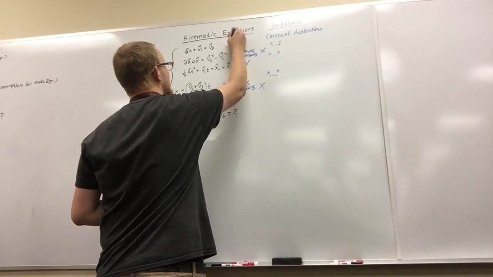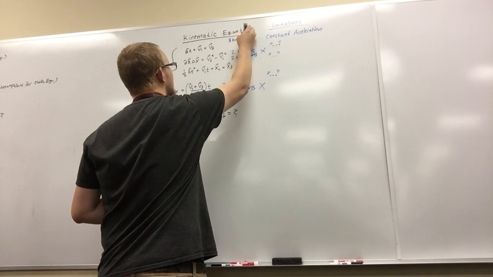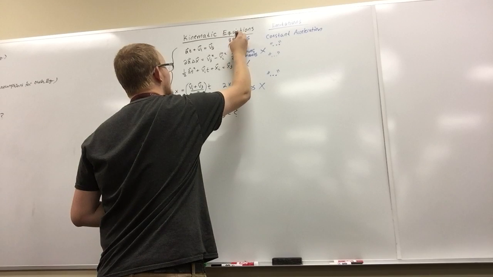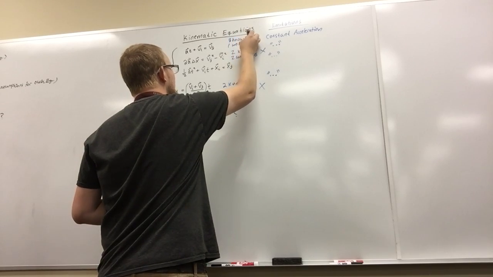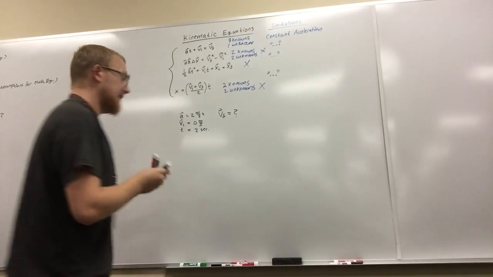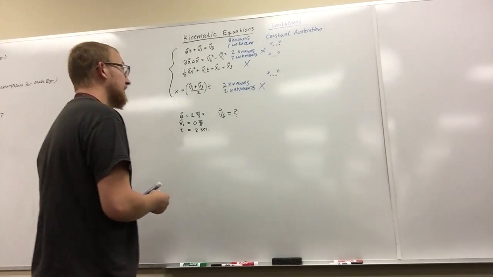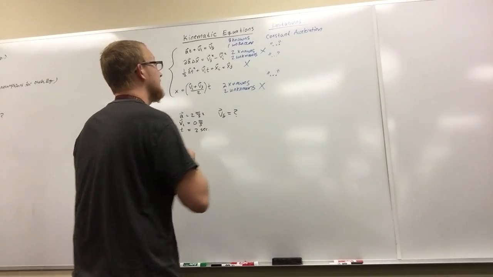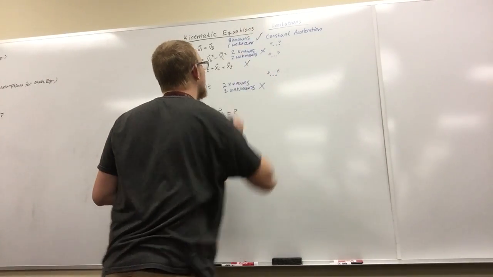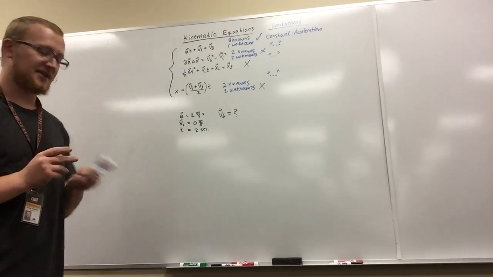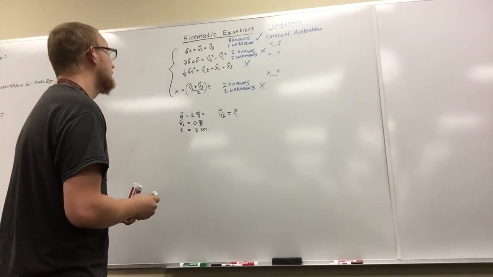So we have 3 knowns, 1 unknown. And that 1 unknown means that if there is a solution, we can solve it just with this equation. So let's go ahead and do that.